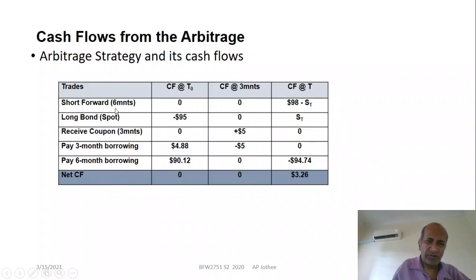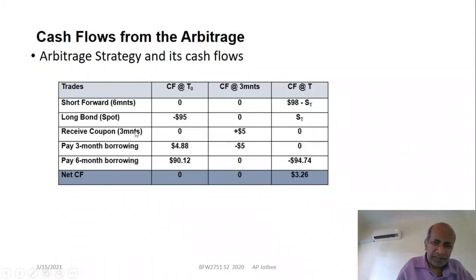Short forward for 6 months: you are not receiving anything now, not receiving anything in 3 months, you will be receiving $98 at the terminal time in 6 months, and you minus ST, because we don't know what the spot price will be that day, we leave it as a variable. Long the bond, spot: minus $95 you are paying now, you are not receiving anything there, and finally it will be ST, we don't know.